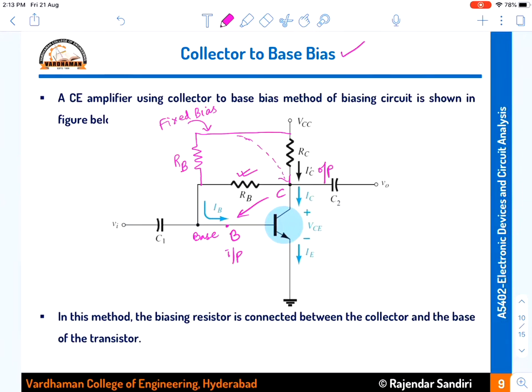Now the output is connected to the input through a resistor RB, and this resistor is called a feedback resistor. So this method of biasing is also called feedback resistor biasing.